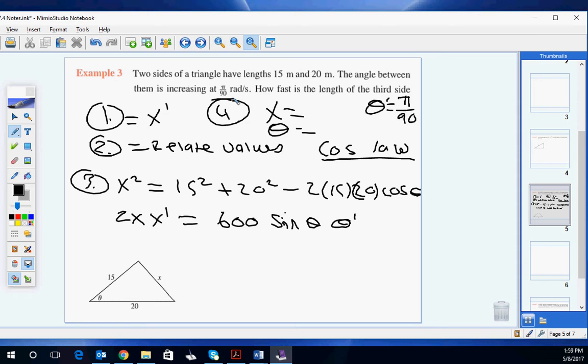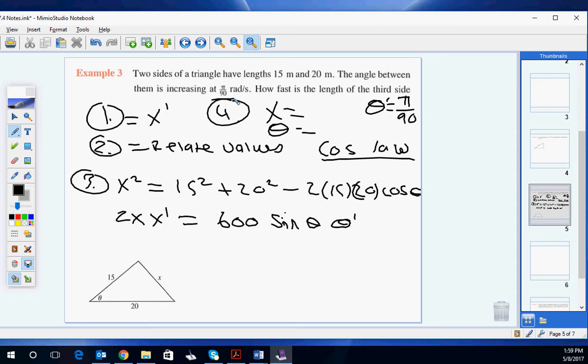How about x? How about theta? So we need x and theta, but they also give us, where is it?